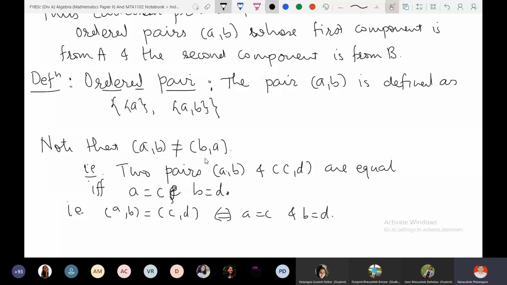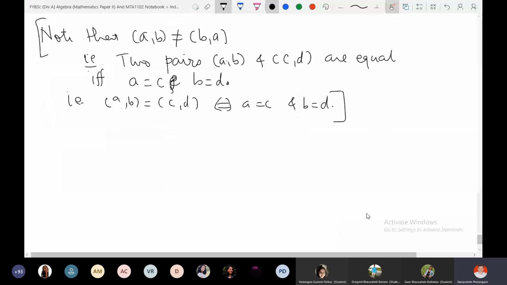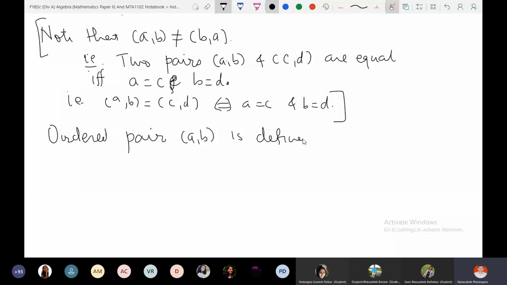So how do we define ordered pair? Ordered pair is a set. Okay, let me put in this bracket. So ordered pair AB is defined as the set.